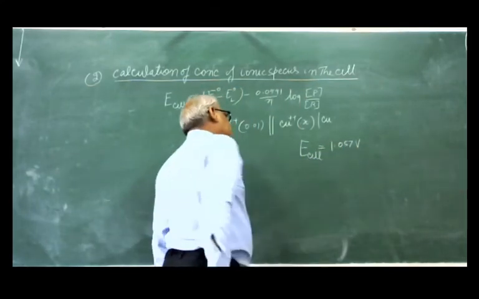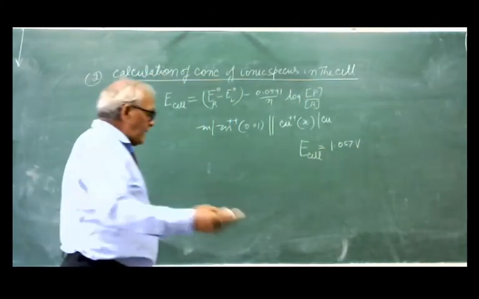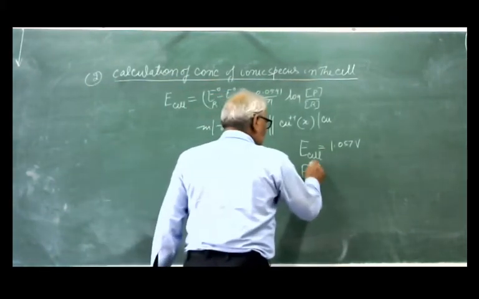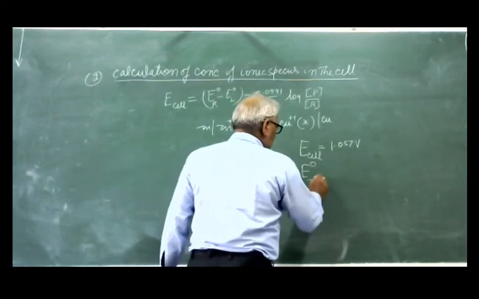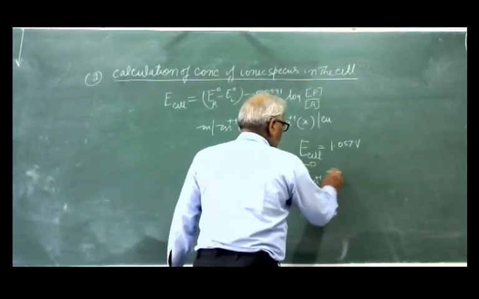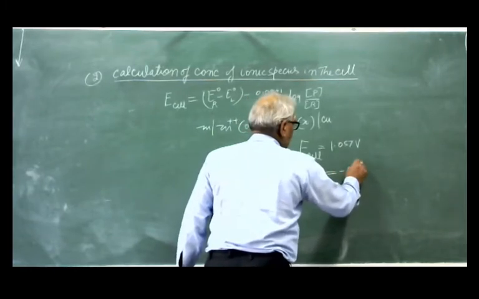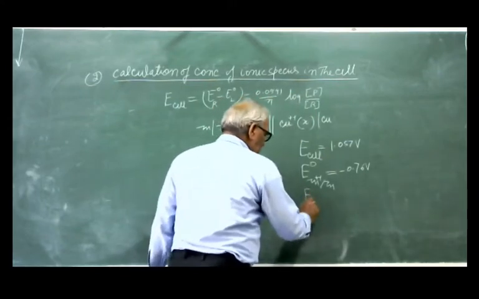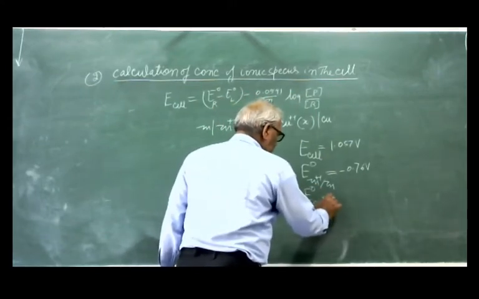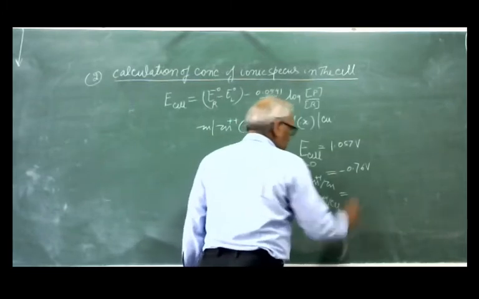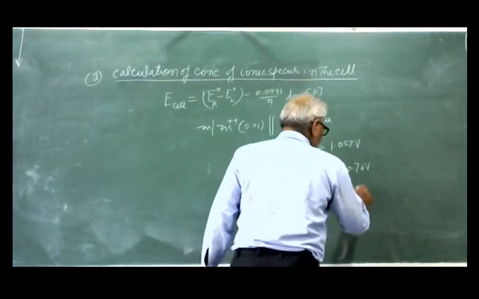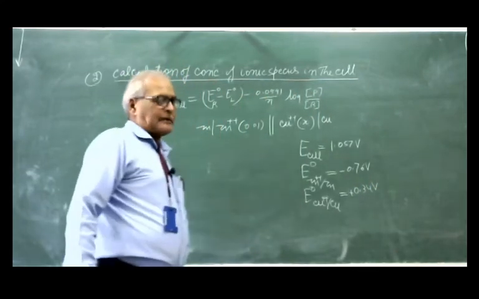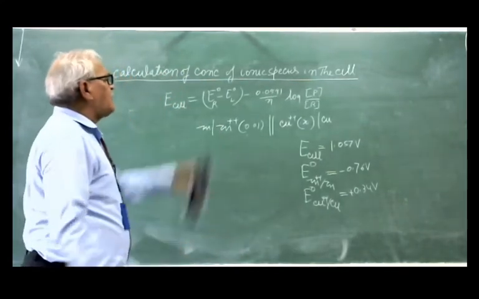And the standard electrode reduction potential of zinc ion is given as minus 0.76 volt, and the standard electrode potential of copper ion to copper is given as plus 0.34 volt. All these are given. It is very simple.